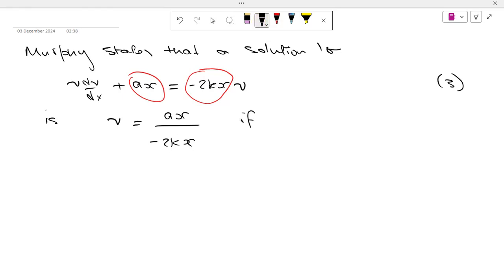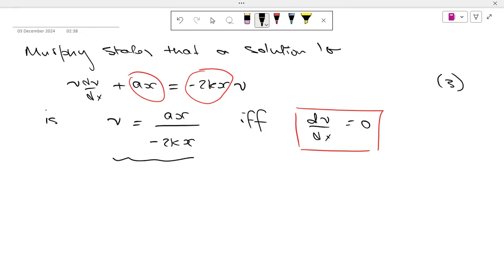If, and I'm not sure about this, but I think it's if and only if dv by dx is equal to 0. So let's see if this condition that dv by dx is equal to 0. Okay, so we've got this solution here.